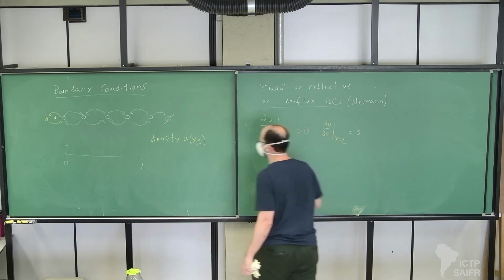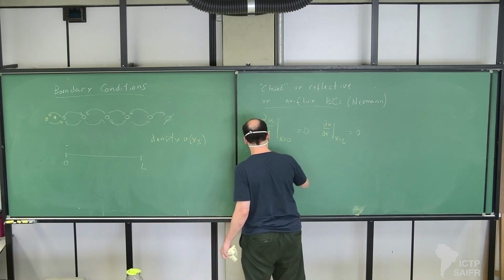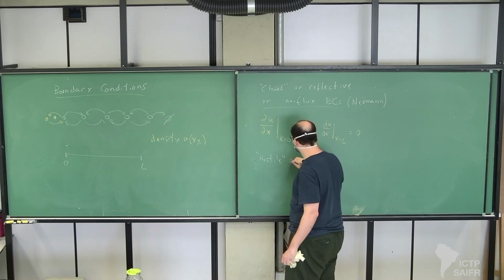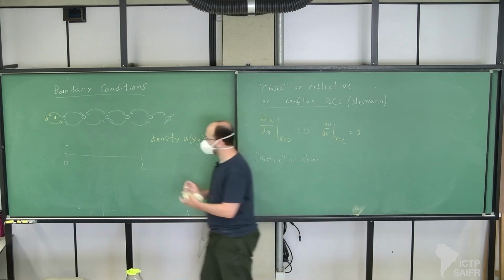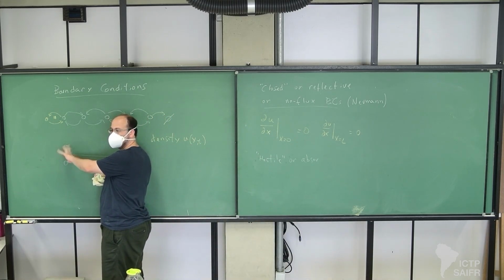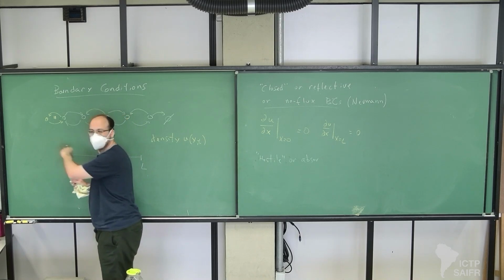Another kind of boundary condition then is hostile, or absorbing boundary conditions. So why absorbing? Because once the population leaves, or an individual leaves, it never comes back. So it is kind of absorbed and never comes back.